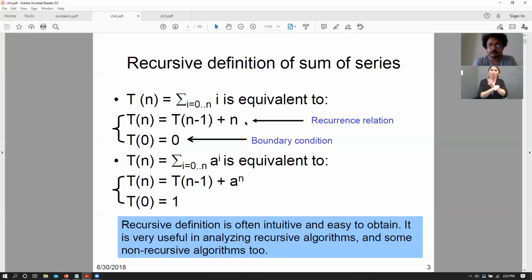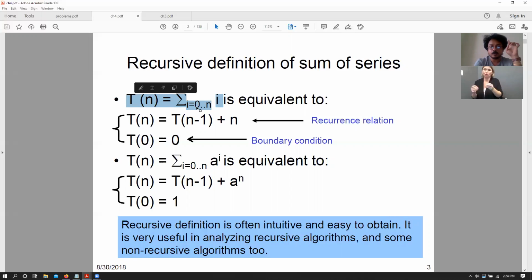So if we remember this particular statement, T of n was the time complexity, where the time complexity was the summation of i, where i was 0, 1, 2, 3, 4, and so on, all the way to n, right? So let's see if someone remembers, how would I find the time complexity without any recurrence relations?